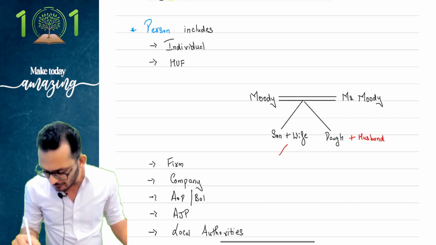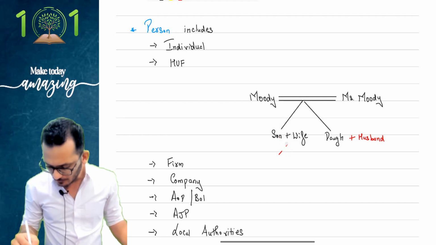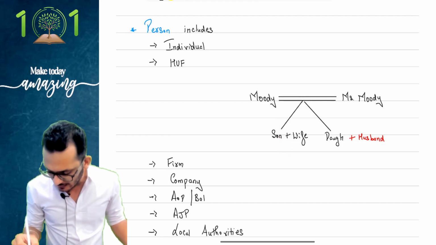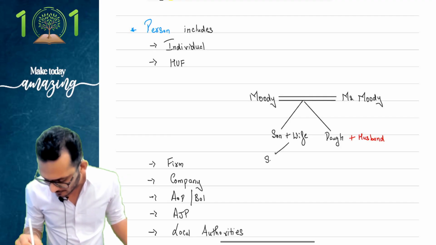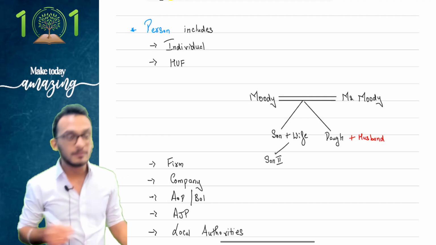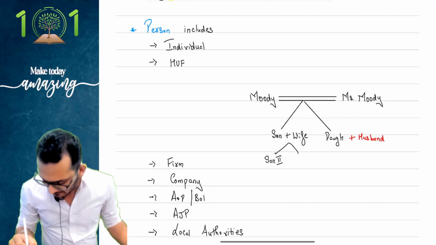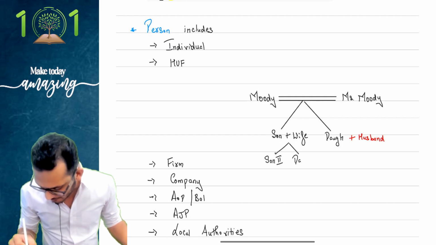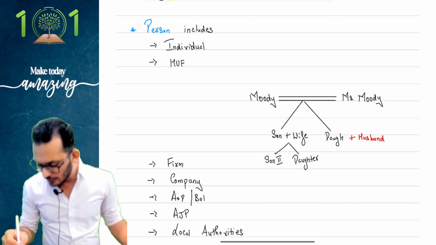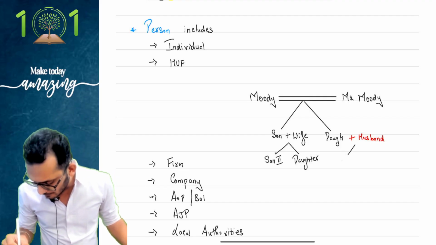Similar logic. Imagine the son and wife have a son. Son, generation 2: member, not member? Member. Son and wife have a daughter. Member? Sure? Good. Daughter and husband have a son.